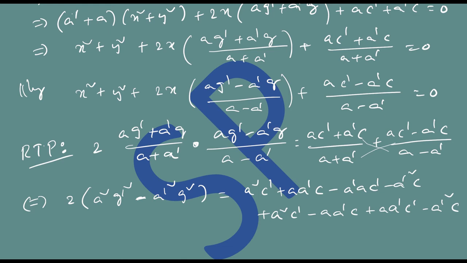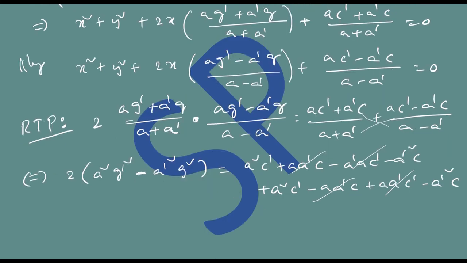Now observe that I can cancel the a dash c's and a dash a c dash here. So this is if and only if a square g dash square minus a dash square g square is equal to a square c dash minus a dash square c, which we have to prove.